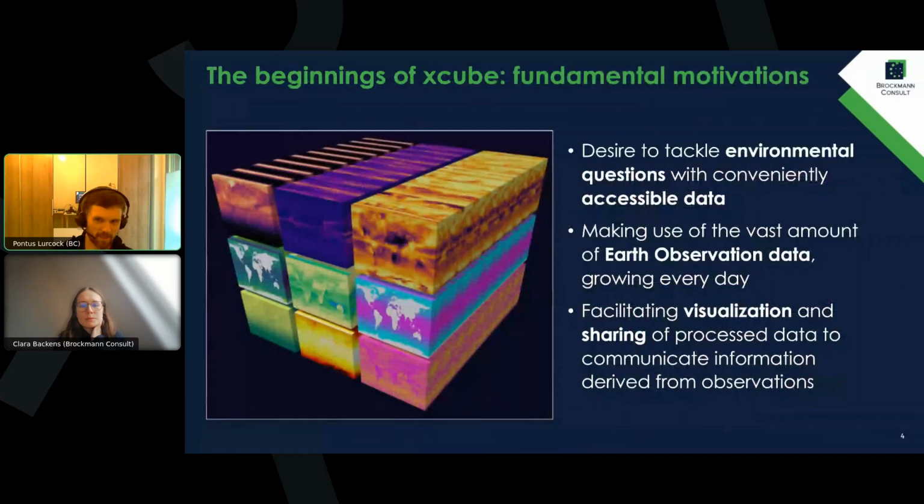So starting at the beginning, on a very vague and high level, what motivated XCube? Tackling environmental questions with conveniently accessible data, so accessible and analysis ready, and other important buzzwords of this kind are going to be strong themes here.